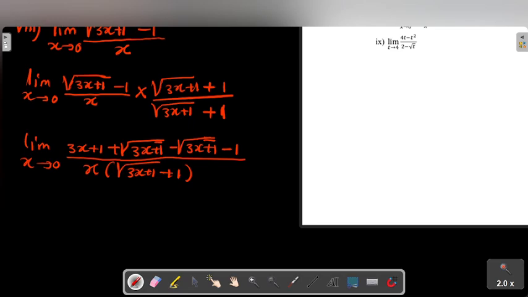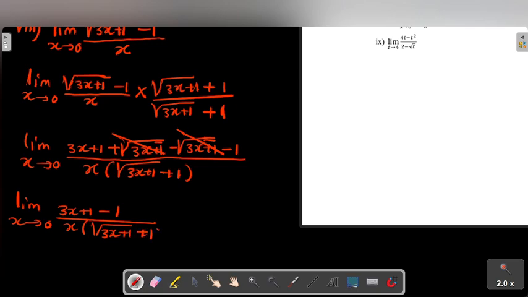Okay. Now from this point, we can see that on top we can cancel root of 3x plus 1 and negative root of 3x plus 1. Then from here you record what you have. You have the limit as x approaches 0. Then here we have 3x plus 1 minus 1, over x, open brackets, 3x plus 1 plus 1 there.